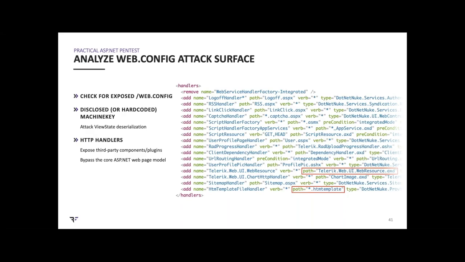So this is a good place to look, because these HTTP handlers often expose third-party components that bypass the core ASP.NET web page model. They're in charge of loading static resources and doing other things dynamically in a lightweight way, and therefore it might not get as thoroughly tested or looked at by developers or penetration testers, and is a good place to look for vulnerable code.